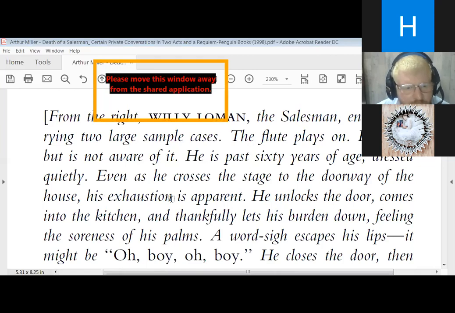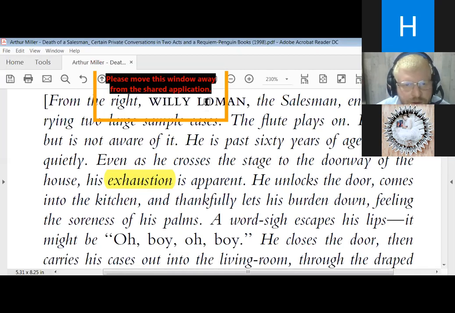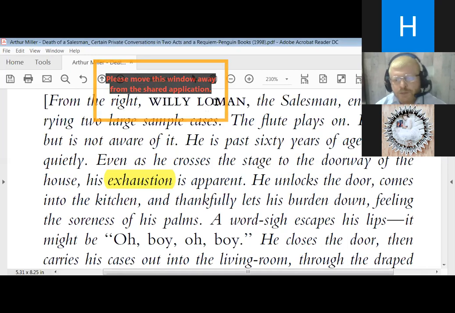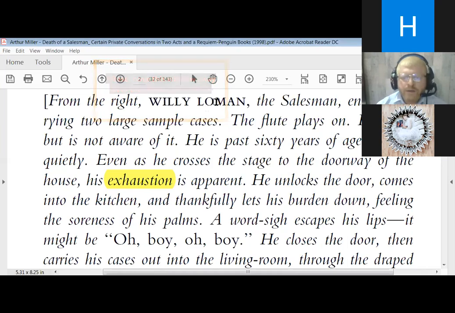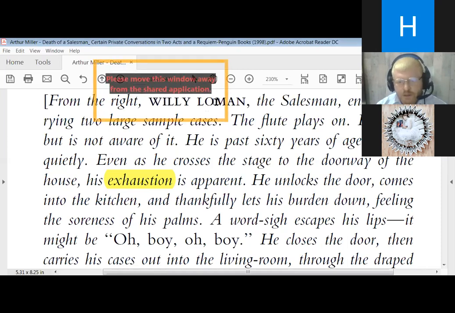So he's exhausted, he's tired. He enters the house carrying two cases, two bags. These bags hold the goods that he sells. And it is interesting that up to the end of the play, we do not really know what Willy Loman is selling. Yes, he is a salesman.